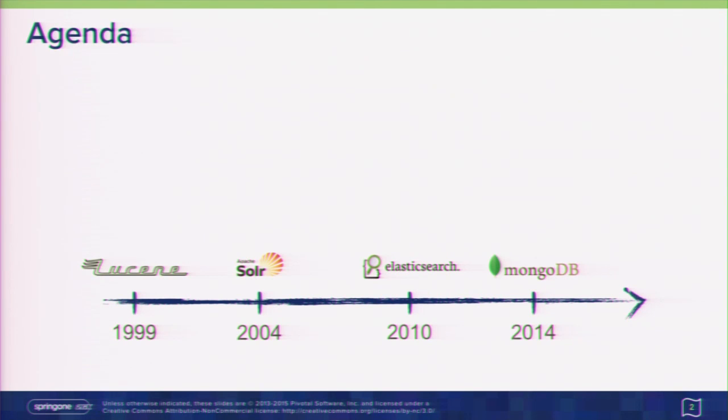Though I must admit, the search capabilities within MongoDB are A, not based on Lucene, so they did their own thing, and B, MongoDB is no search server by definition.